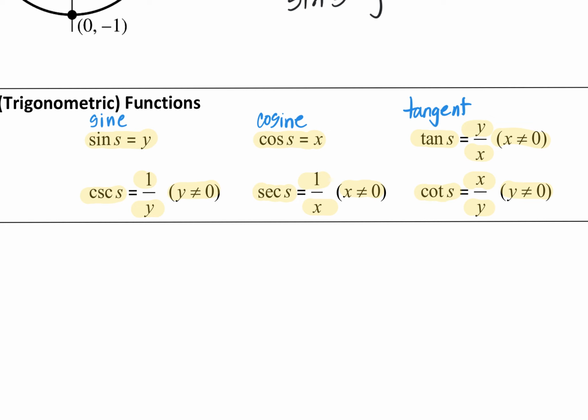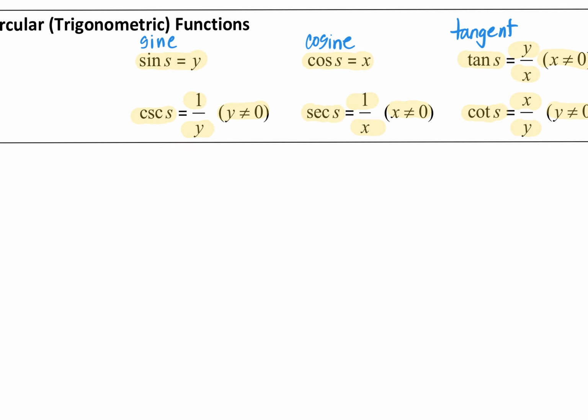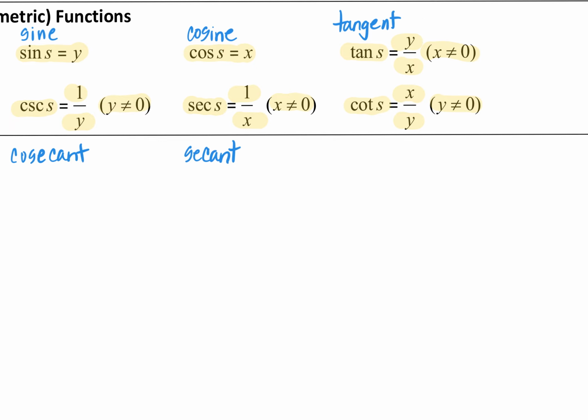And then we have our cosecant, the CSC. So that's going to be COSECANT. So that would be our cosecant. SEC stands for secant. And then the last one would be COT, which is cotangent.